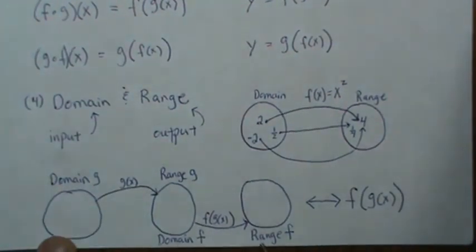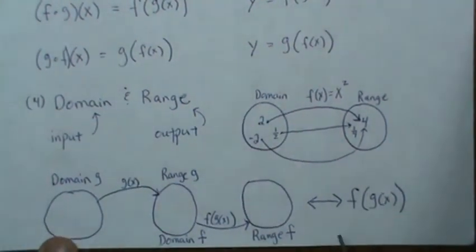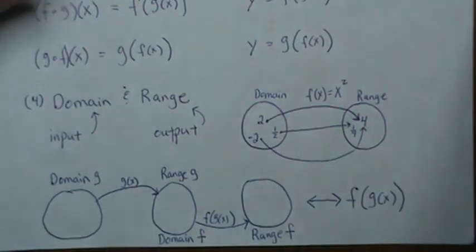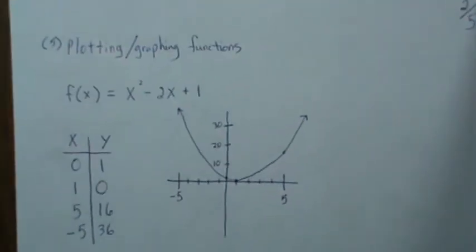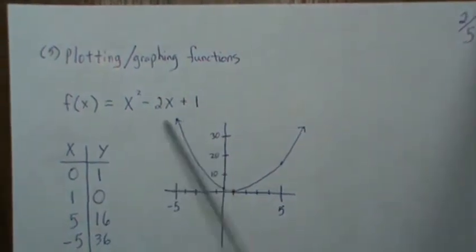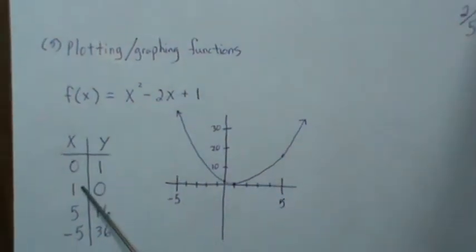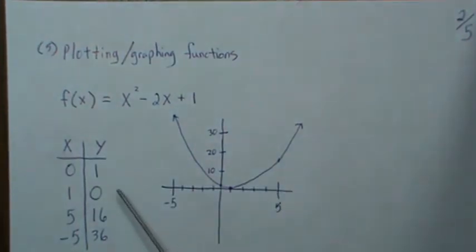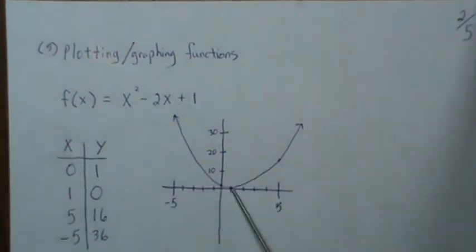And this particular example is f of g of x. So next background information is plotting functions. To plot a function, you set up a little table, you pick x values, kind of spread out, find their respective y, put dots where these are, and map it.